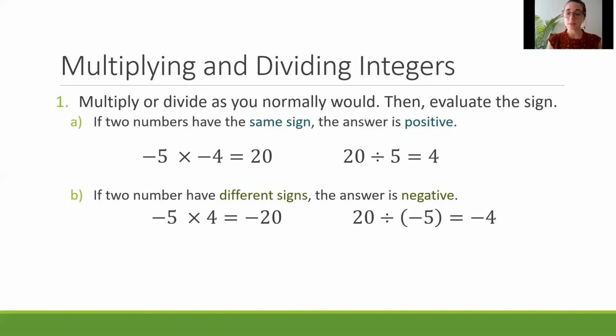Same thing with division. If we do 20 divided by -5, because we have two different signs, we get that answer 4, but we have to put a negative in front of it to get -4, because we have that -5 and a +20. So if we see a mix, it goes negative. If we see the same sign, it goes positive.